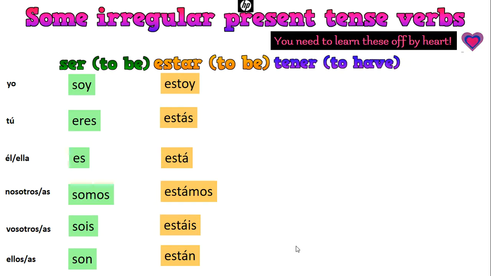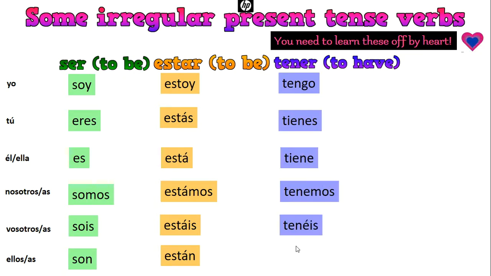And the next one is tener, which is to have. We have seen this before. And this one goes tengo, tienes, tiene, tenemos, tenéis, tienen. Again, practice saying that out loud to help it get into your head.